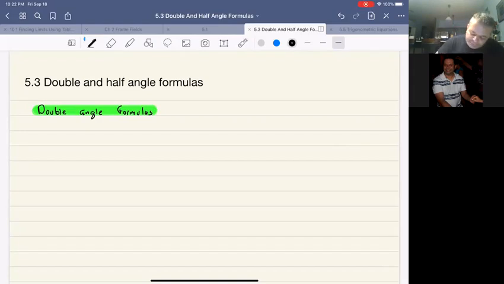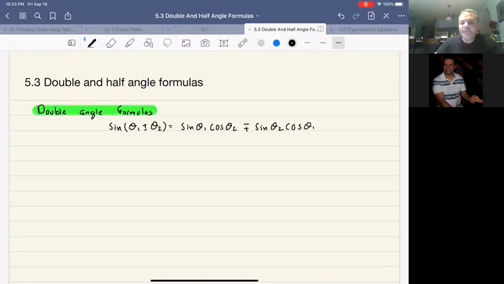So if we have the cosine and sine addition formulas, let's take sine of theta 1 plus or minus theta 2. Remember that's sine theta 1 cosine theta 2 minus or plus sine theta 2 cosine theta 1, okay?